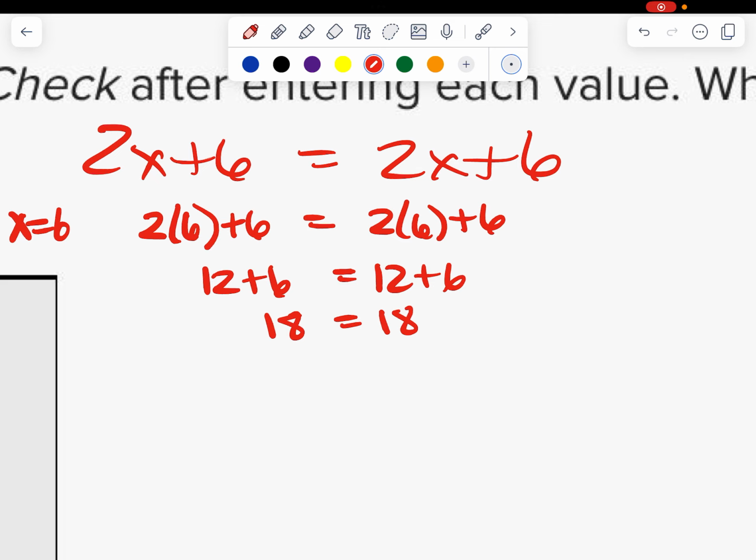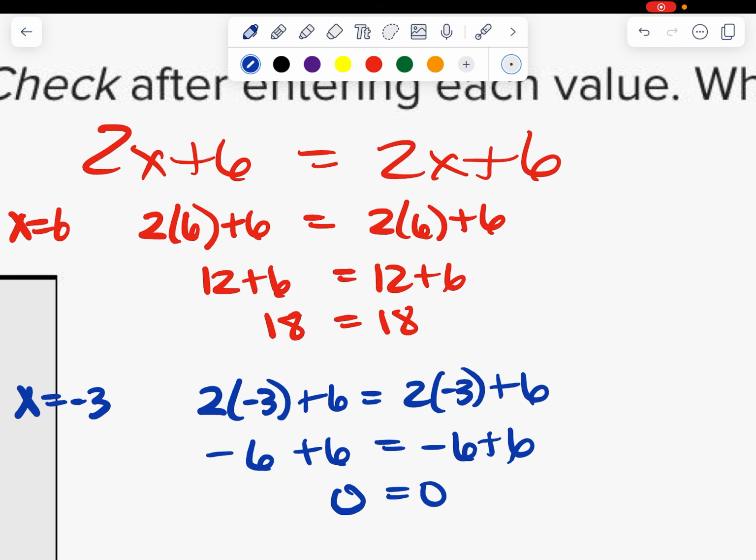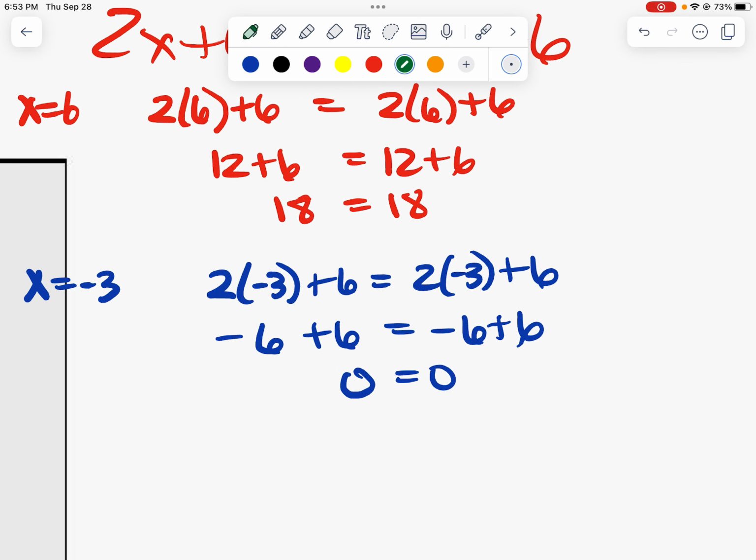They equal each other. So let's pick a different number. When x equals negative 3, 2 times negative 3 plus 6 equals 2 times negative 3 plus 6. That would get negative 6 plus 6, 0 equals 0. Look at that. It works again. So these are both solutions so far. So let's pick it again, like x equals 50.